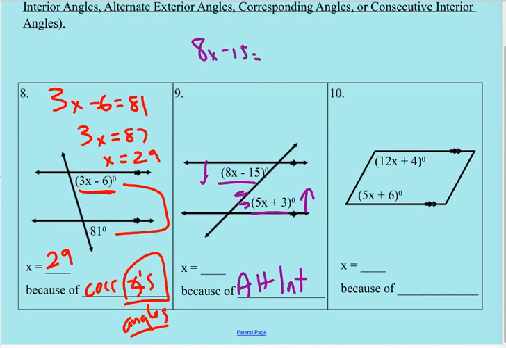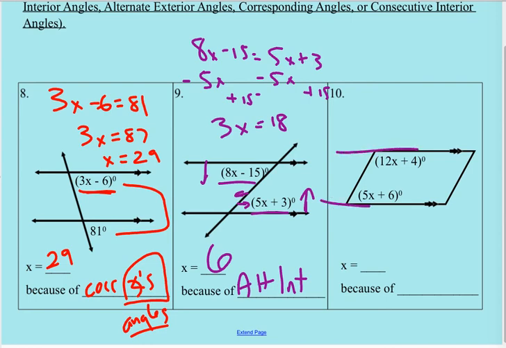So 8x minus 15 equals 5x plus 3. So, little algebra. I get x to be 6. Here, I don't think I've extended out, but I can. These two are going to be same side interior.